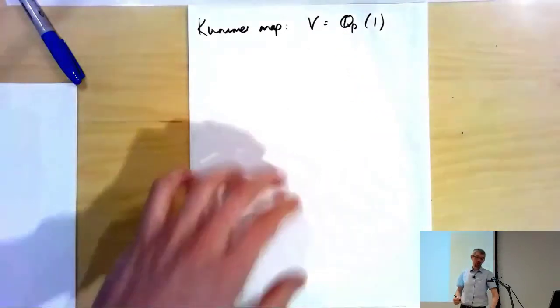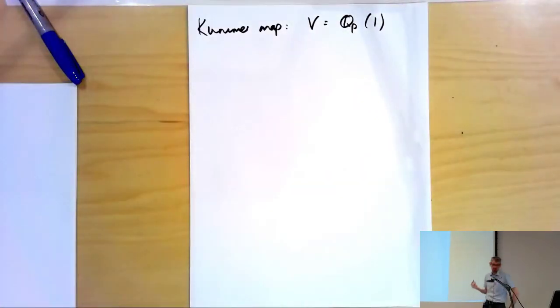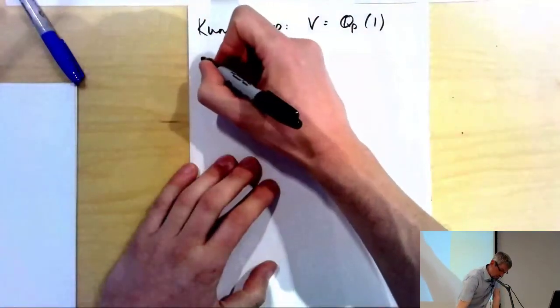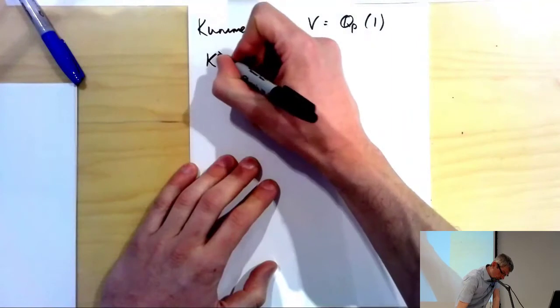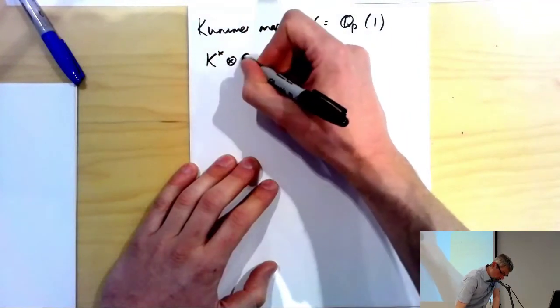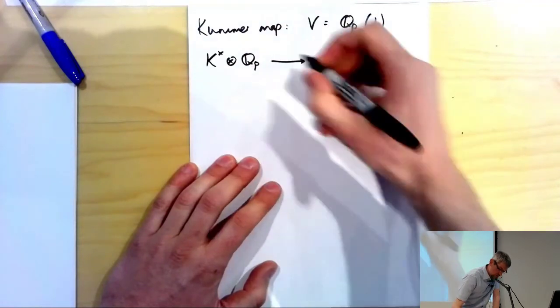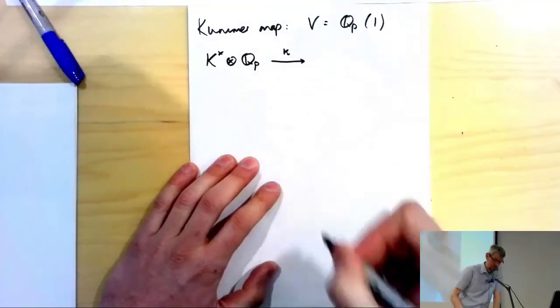So I take the representation that's the trivial representation twisted by the cyclotomic character, and then we have a map which goes from K cross tensor with QP. I'll call this map little kappa, the Kummer map.